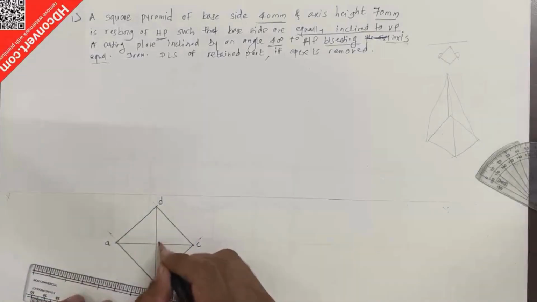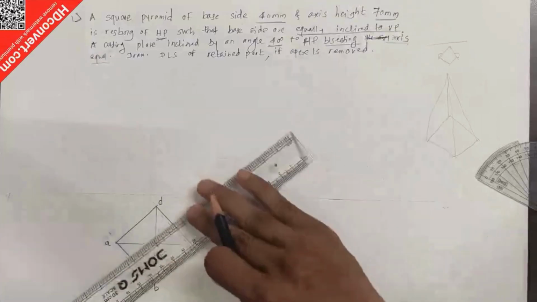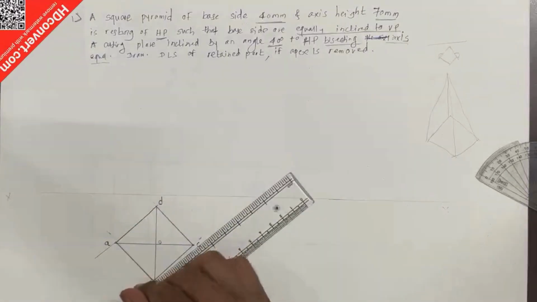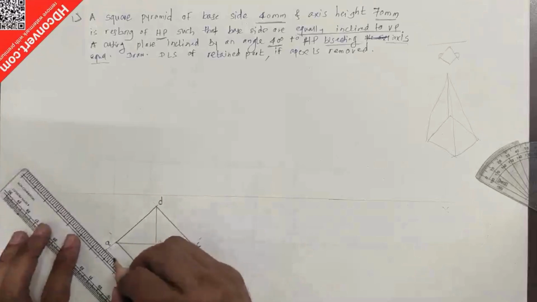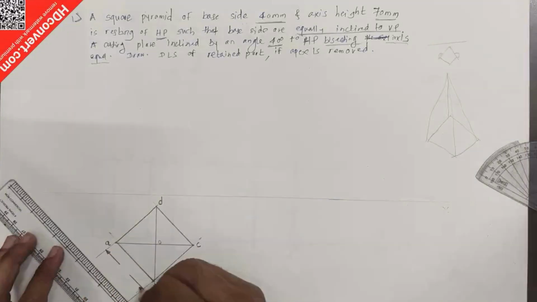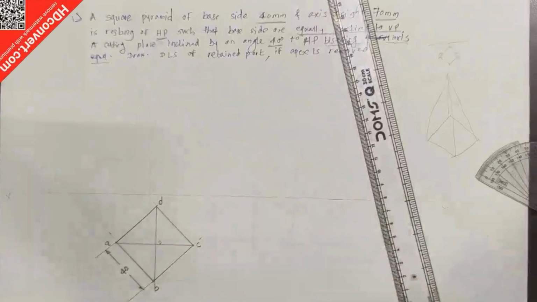Suppose we give the name O. So this is the top view having base side 40 mm, all sides 40 mm. Give dimensions like this. I use the unidirectional method here, so 40 mm on each side.